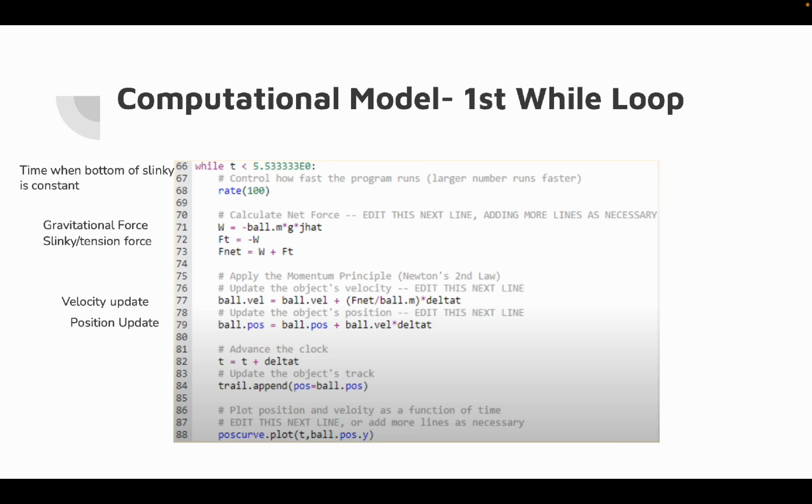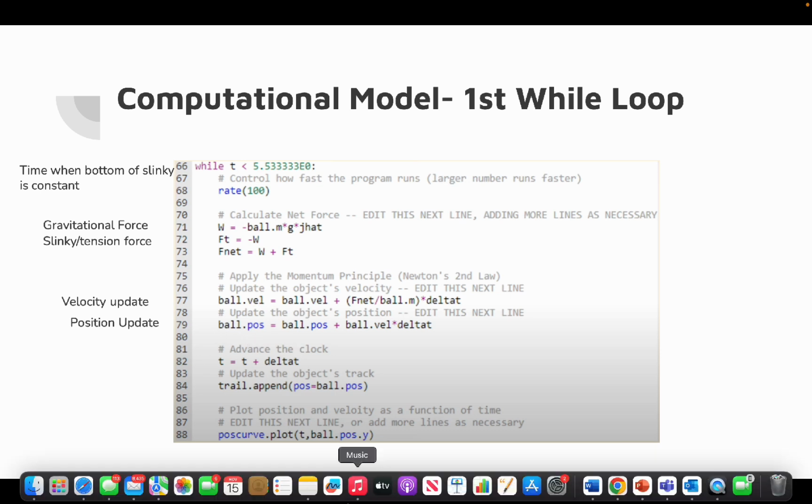For my first while loop, we have the time when the bottom of the slinky is constant, which is 5.53 seconds, and then the gravitational force can be seen in line 71, along with the slinky/tension force in line 72. Then in line 77 we have the velocity update, and in line 79 we have the position update.